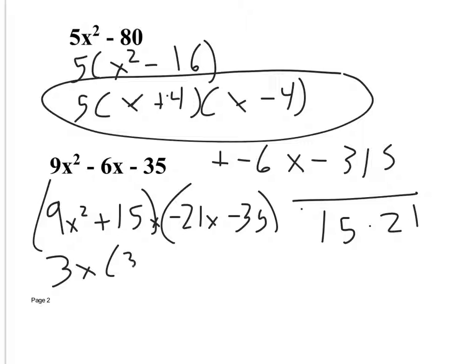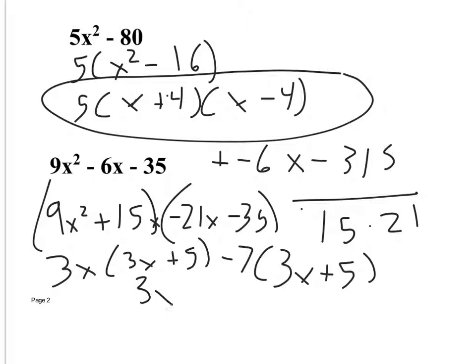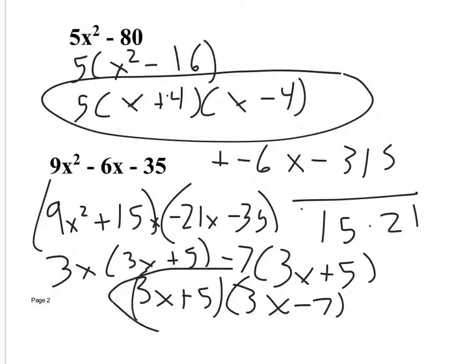That leaves me 3x plus 5. So I have to make negative 21x minus 35 into the exact same thing, which means I take out negative 7, leaving 3x plus 5. Combine all that: 3x plus 5 and 3x minus 7. And there's the answer.